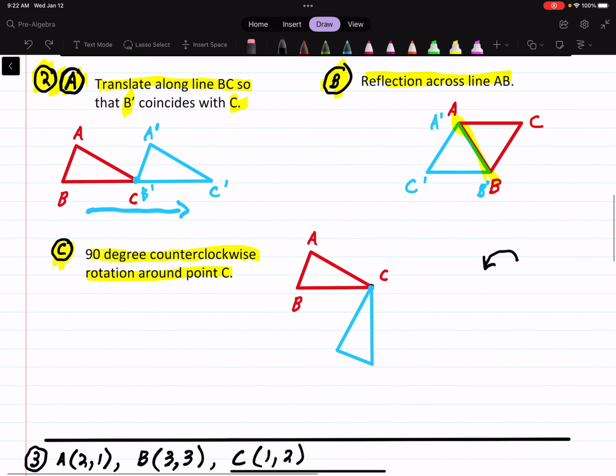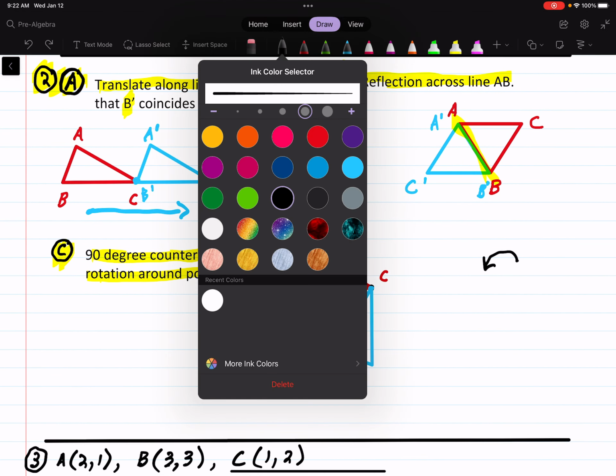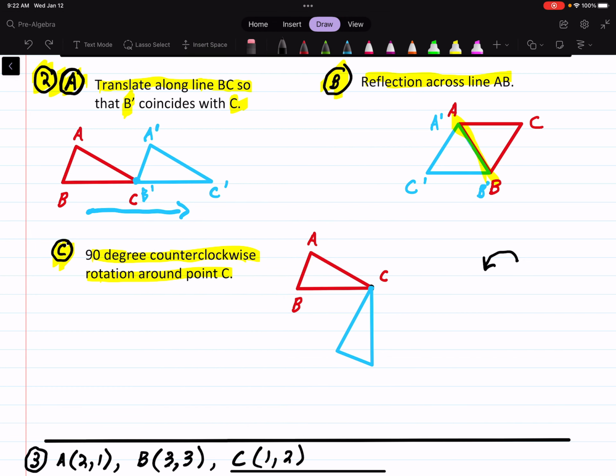There we are, we're back to where we were. And we want to grab this guy. So we rotated around point C. So C prime is the same as C. B came all the way around here. And there's B prime. And A prime is right here.